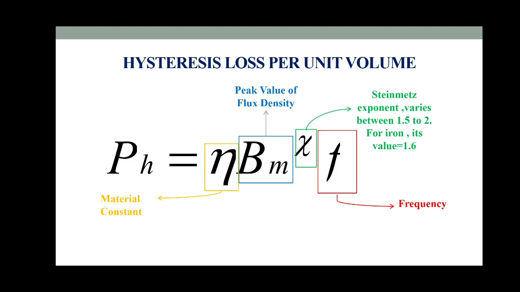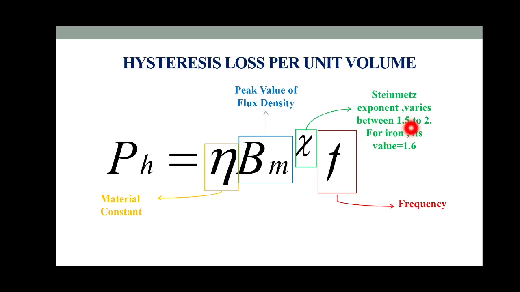Now empirically it can be derived that the hysteresis loss per unit volume will be equal to this. This value of eta is basically a material constant. Bm equals the peak value of flux density. This is called the Steinmetz exponent.